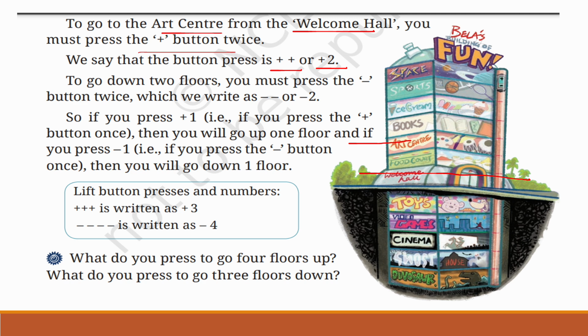To go down 2 floors, you must press the minus button twice, which we write as minus minus or minus 2. If you press plus 1, that is, if you press the plus button once, then you will go up 1 floor.